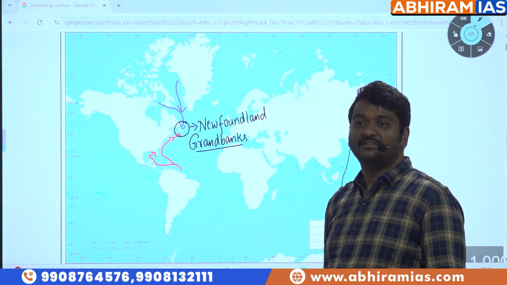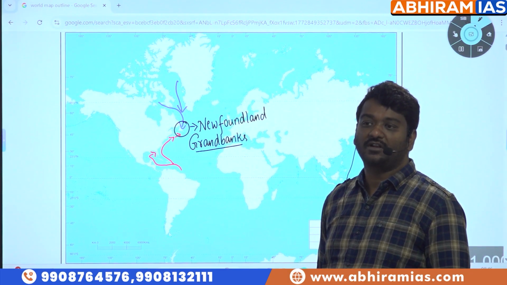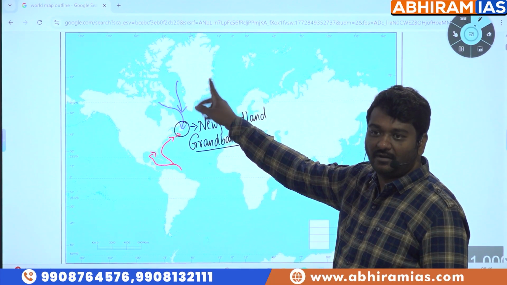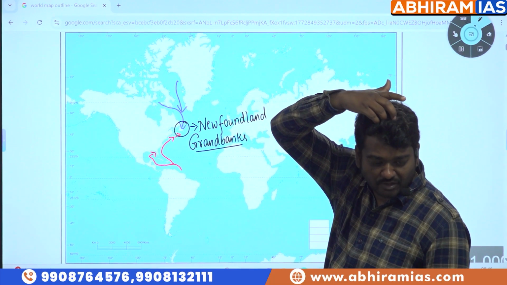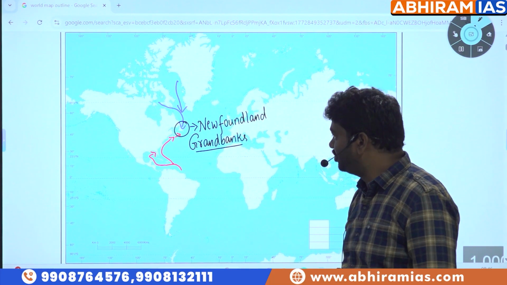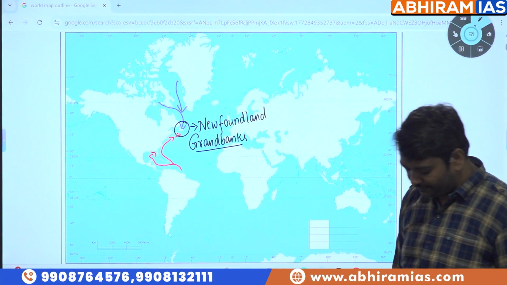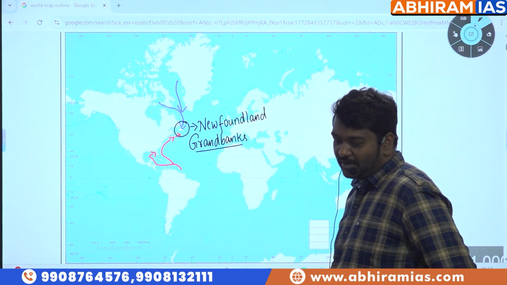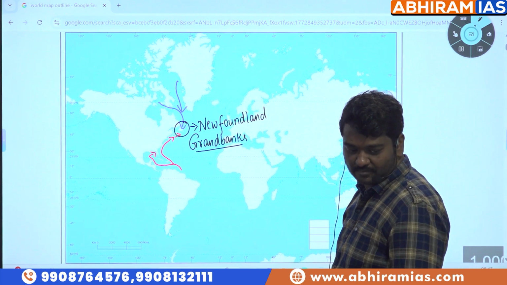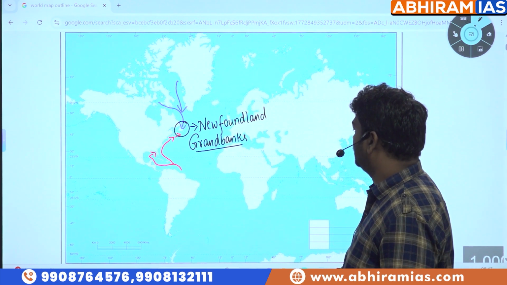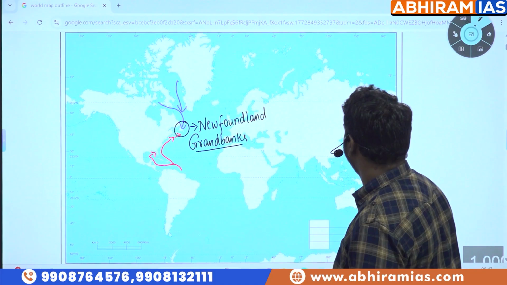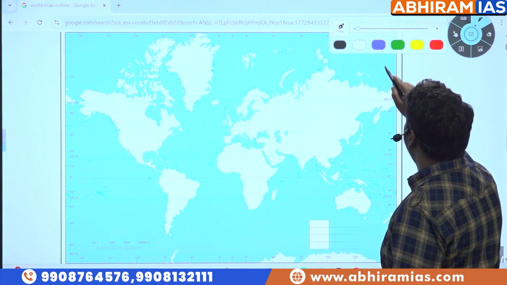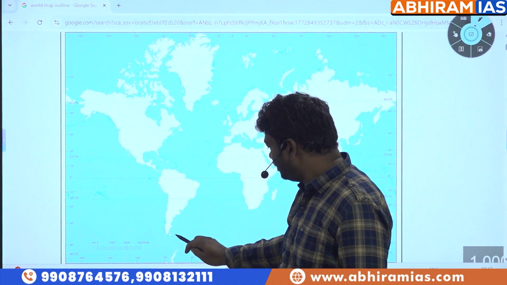See, in exam directly they'll ask, Grand Banks is formed due to which ocean currents? Right? Gulf Stream and Labrador. Newfoundland due to Gulf Stream and Labrador cold current. Guess what is this current called?